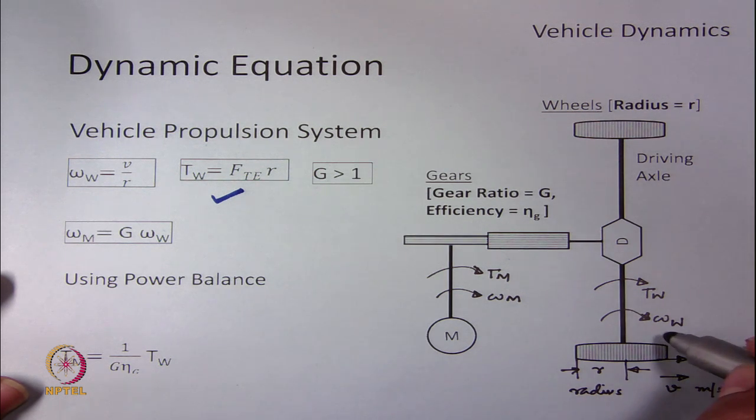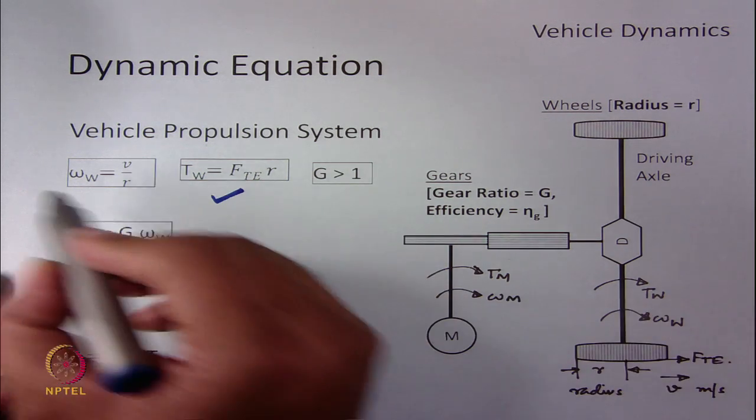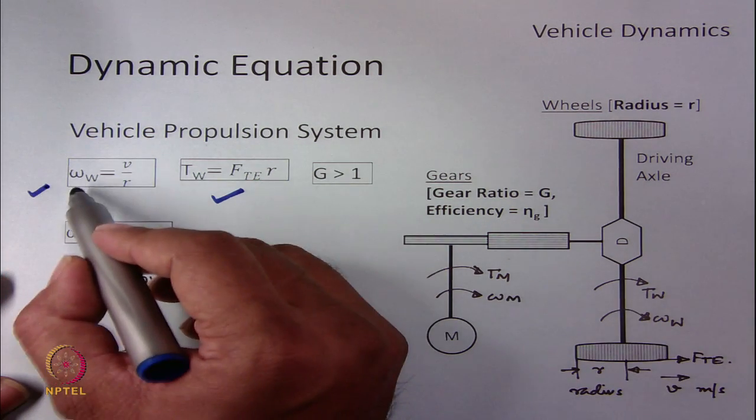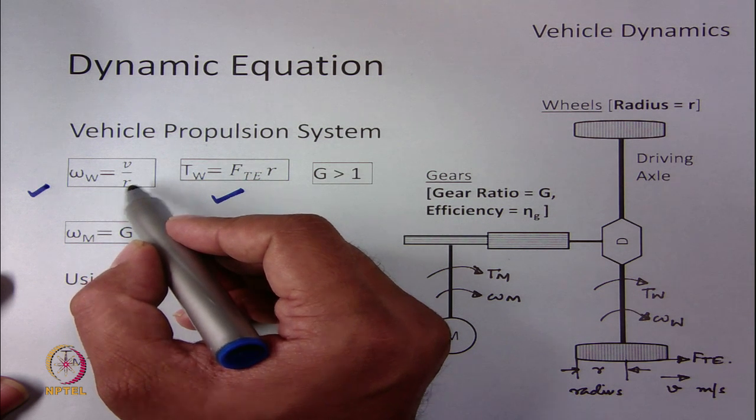Similarly, the angular velocity of the driving axle, which we can denote as omega wheel, can be found using this relationship: omega wheel is v by R.